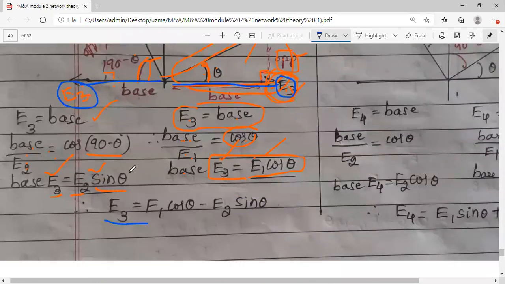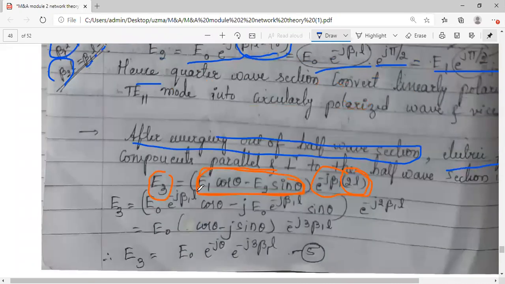I will subtract these two values. The total value of E3 is E1 cos theta minus E2 sine theta. Okay, observe this. I have used the same thing, E1 cos theta minus E2 sine theta. So this is the amplitude. In your textbooks, this amplitude is directly given to you, so you should know from where you have got this.